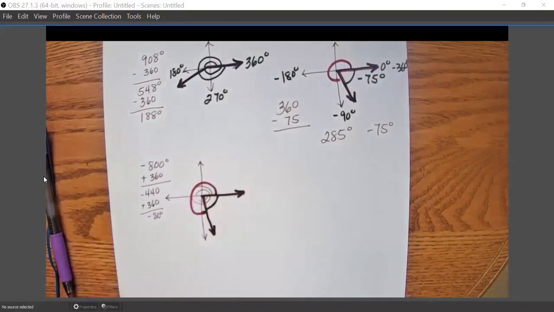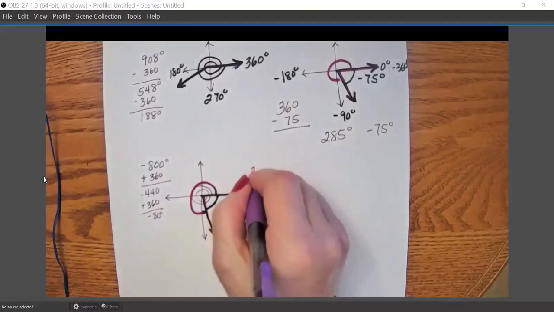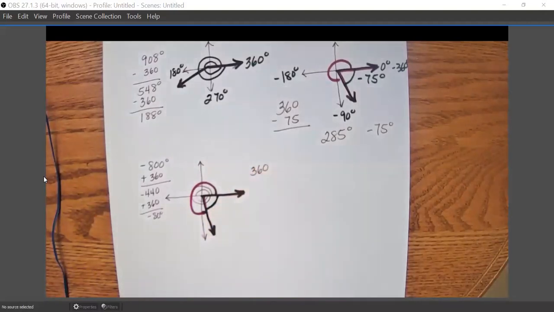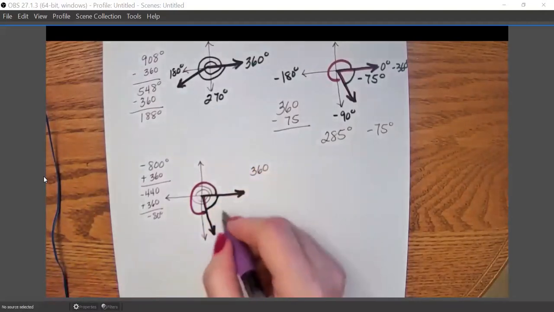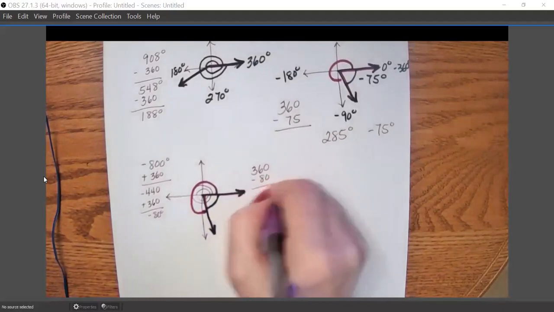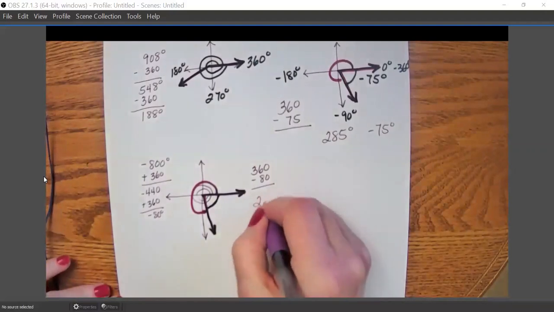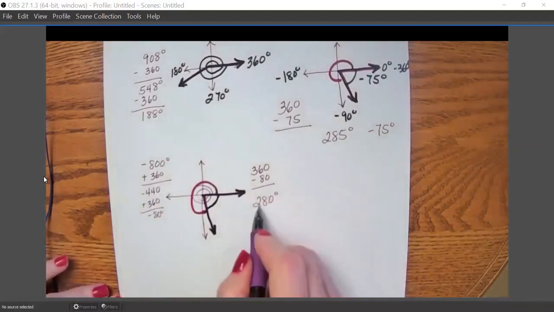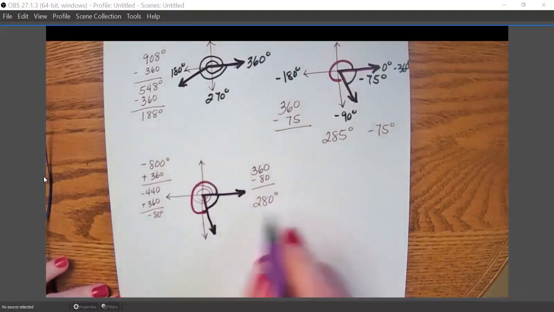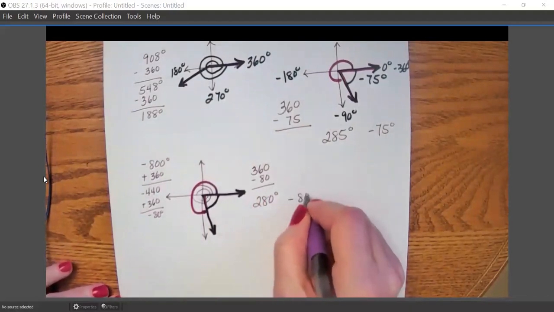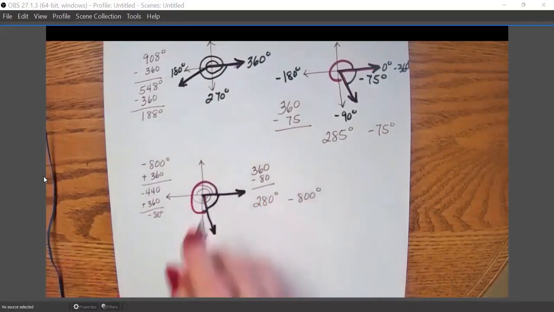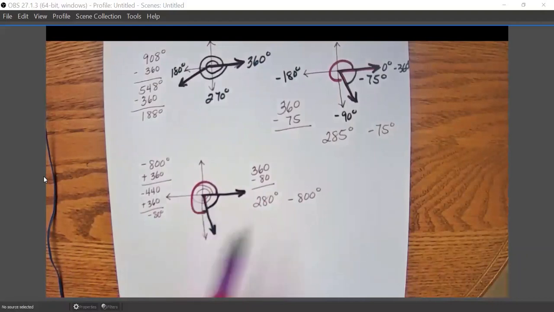So that's going to be 360, one whole time around the angle, and we're going to take out 80 degrees, and we're left with 280 degrees. So a 280 degree angle is coterminal with a negative 800 degree angle. They have the same terminal location on the Cartesian plane.